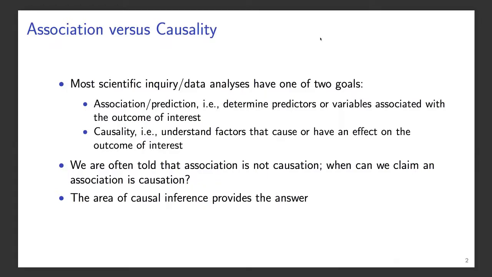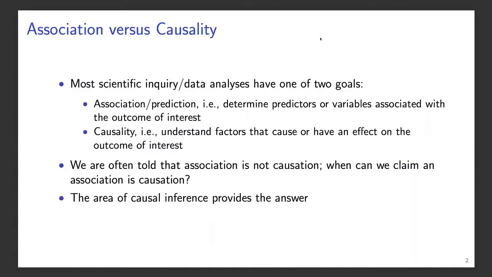But in other instances, one of the goals of the scientific inquiry is to determine factors that cause or have an effect on the outcome of interest. And in our training, we're often told that association does not imply causation. But the question becomes, under what circumstances can we conclude that if we see an association in our data, that it really is due to causation?